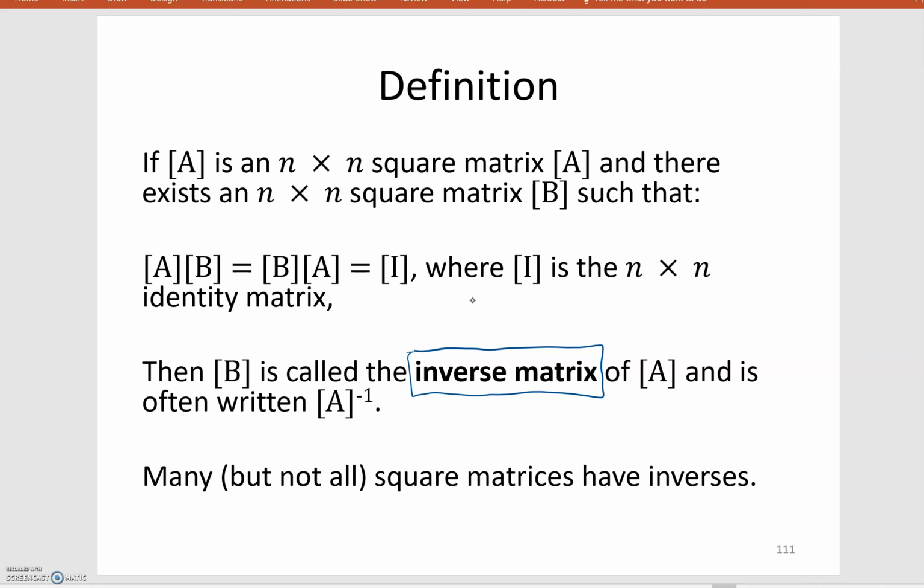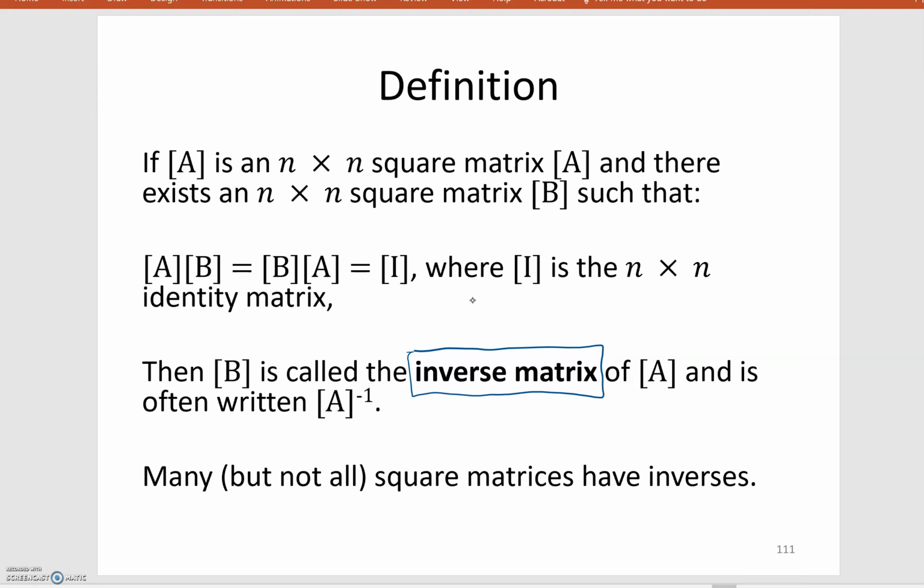And what the inverse matrix is, if I have some matrix A, if I can find another matrix B such that when I multiply these two matrices, I get the identity, then I have the inverse matrix. So you have to have a matrix to begin with, and then the inverse matrix of A is some other matrix that turns it into the identity when we multiply.